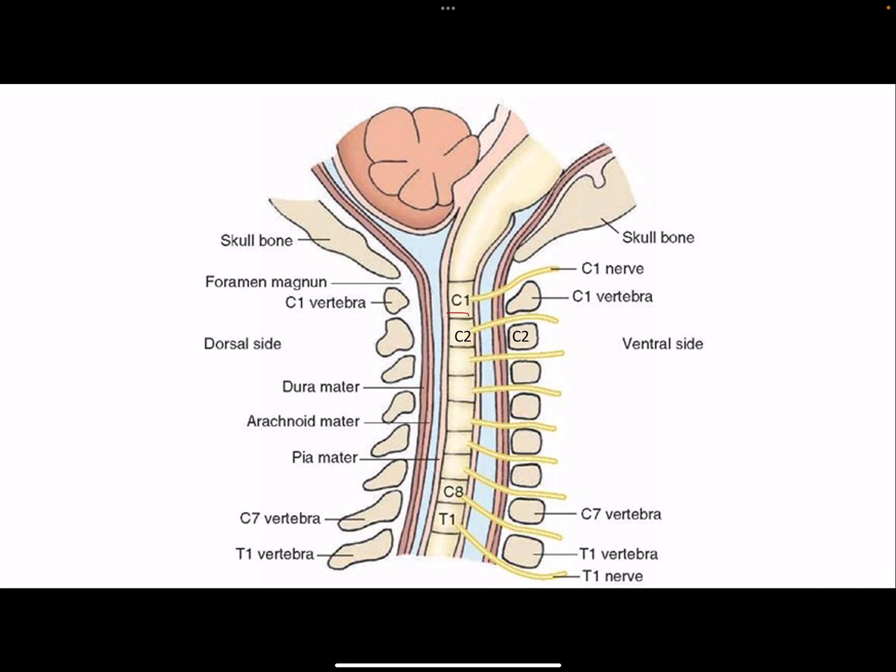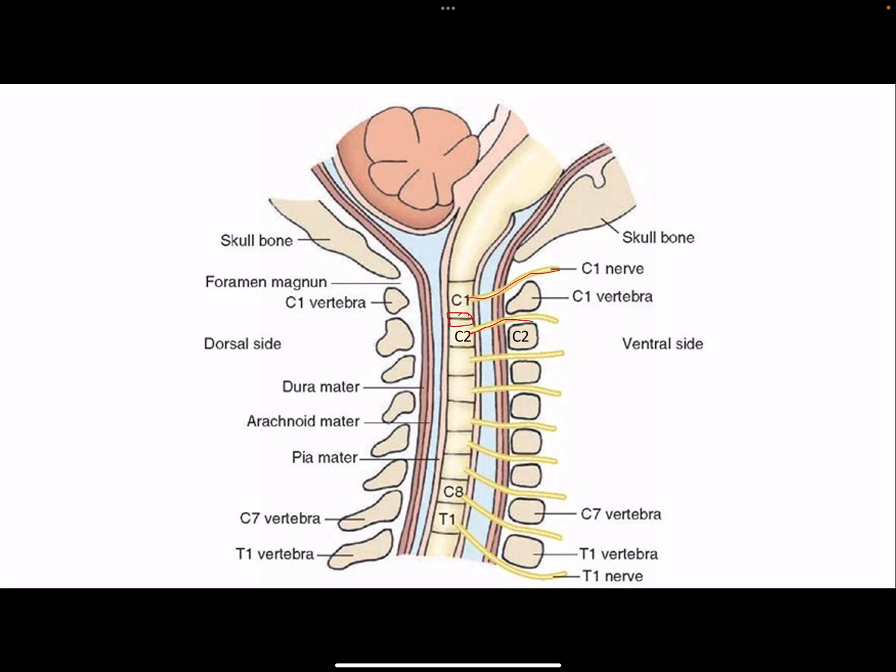If we're looking, let's say that we have our little disc here, between C1 and C2, always above the disc, it's going to be the nerve root above. So here's the C1, C2, the nerve root is moving above the C1, and then the C2 nerve root is moving above the C2 vertebrae, et cetera, except that, again, we have this mismatch, now the 8th nerve root has to go below.